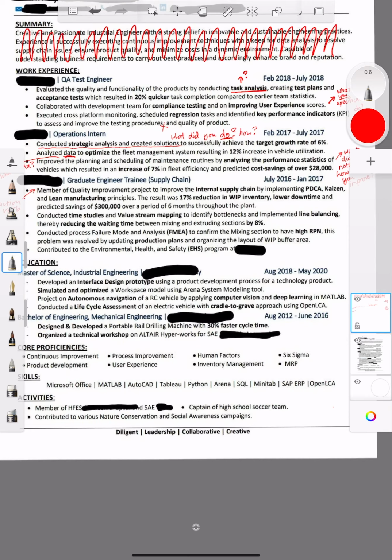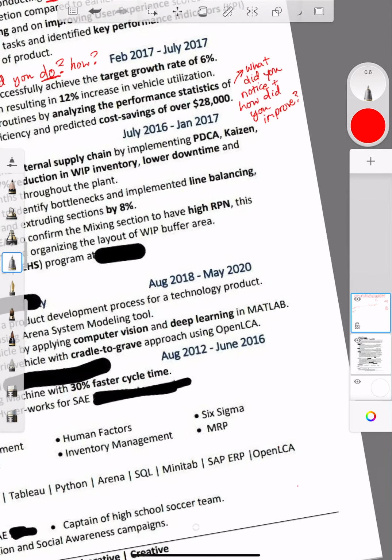They don't bold predictive savings. They only bold $300,000 over a period of 6 months throughout the plant. Okay. Again, I would say combine into one sentence.